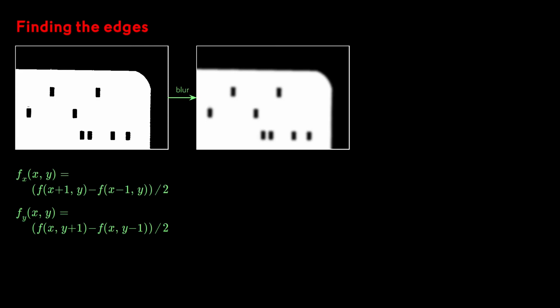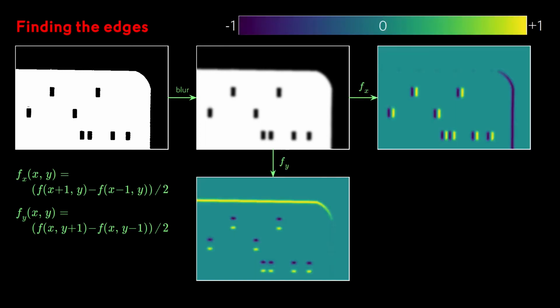Next, we'll differentiate the image along the x and y axes. If you don't know what differentiation is, just know that we can do a brutal version of x-axis differentiation by setting the new value of a pixel to half the difference of its left and right neighbors. And similarly for the y-axis.